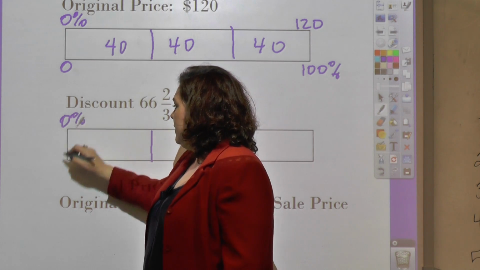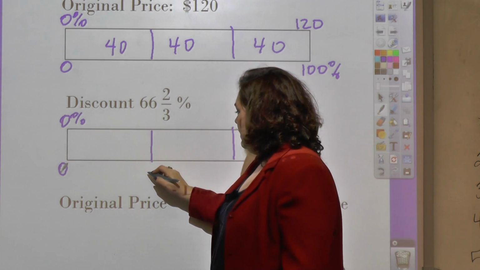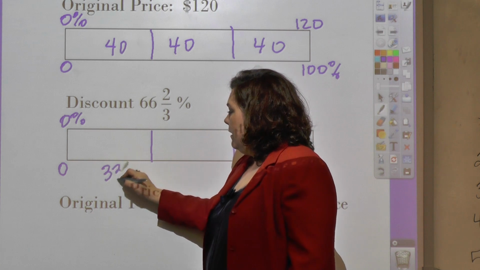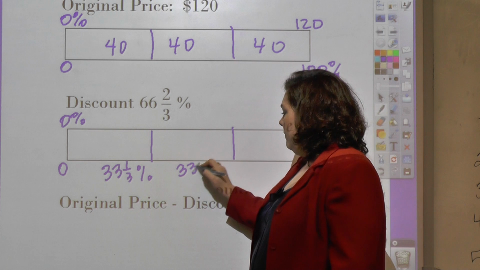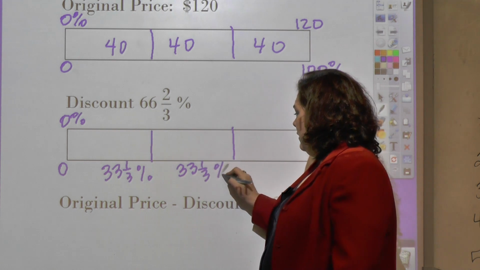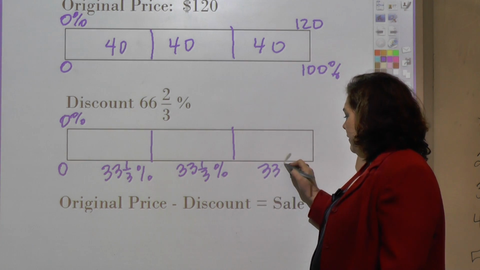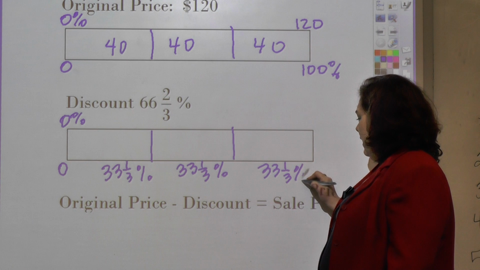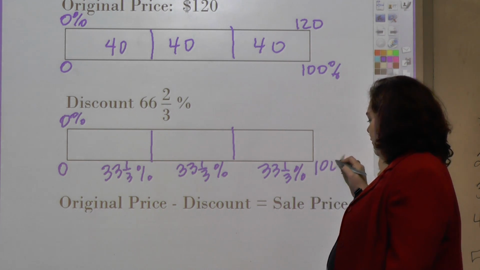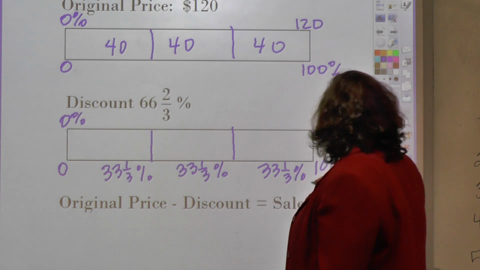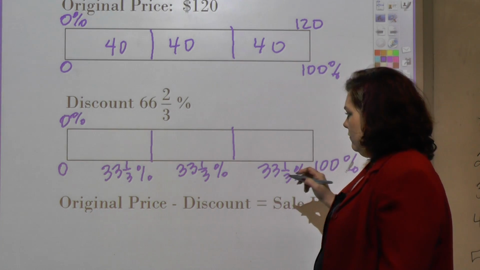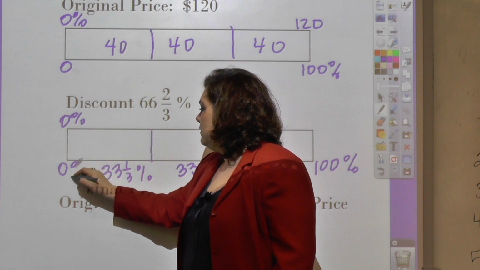Well, let's look at down here what this would look like if everything were labeled. So 0%, 0, and this is 33 1/3%. This is 33 1/3%. And this is 33 1/3%. And so that adds up to 100%. And this is percent.